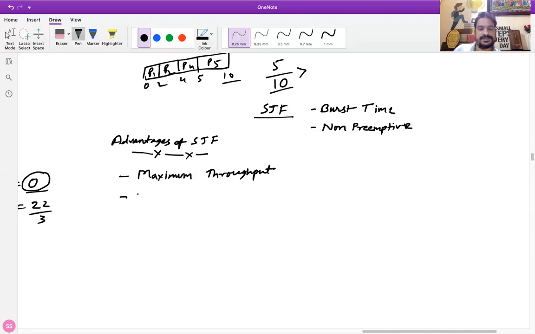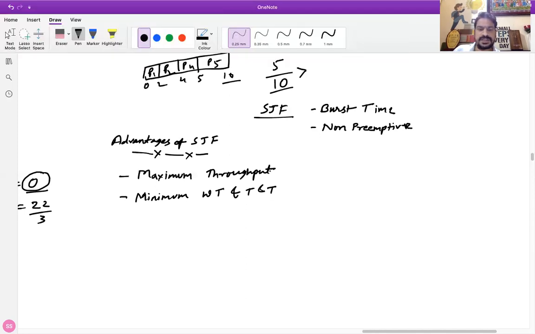The second advantage of shortest job first is that it has the minimum waiting time and turnaround time.